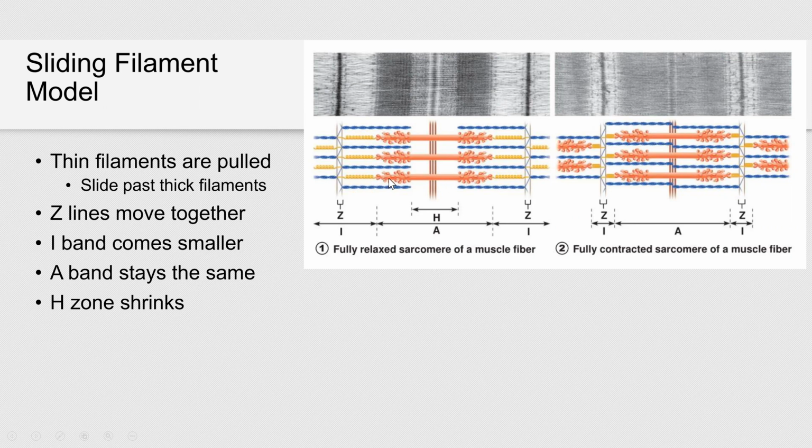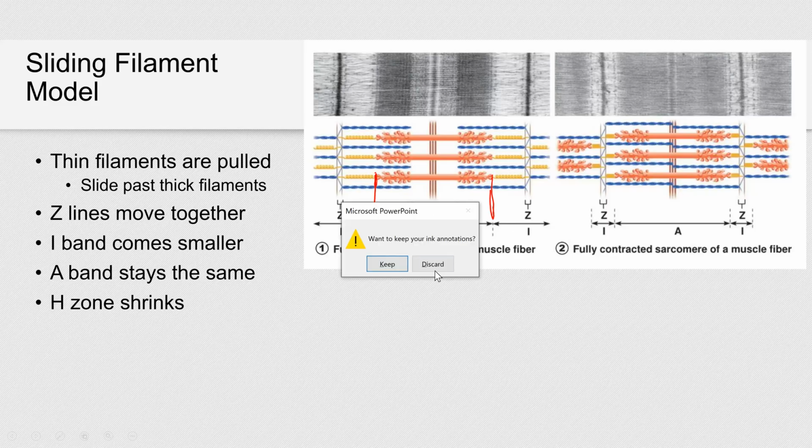So the length of myosin is not going to change, right? So here's our A band. So you can see the A band is from here to here. So the I band became smaller, the H zone shrinks, only the A band stays the same. But the point is the distance between two Z lines is getting smaller and the muscle contracts, right?